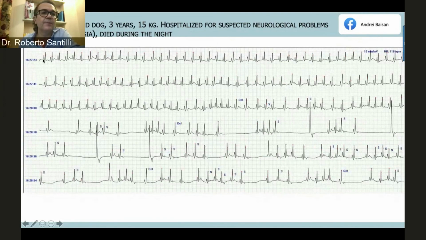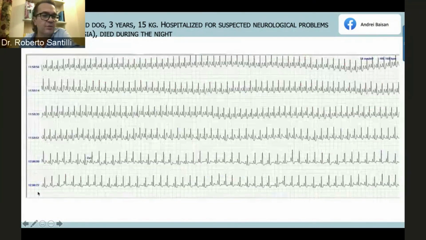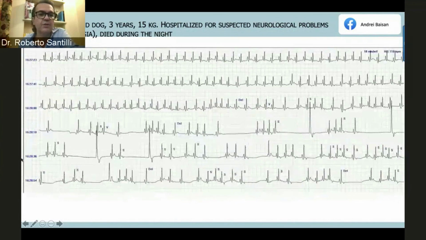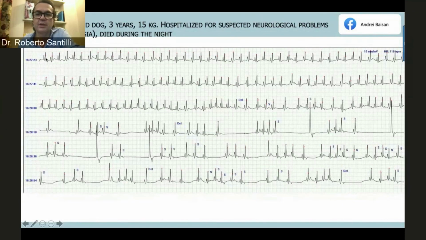Then here, this is not consecutive because this is 12, and then here it's another time, so it's 4 p.m. Here now, the depression is a little bit better because you can see there is AV association. Then suddenly you have a sinus arrest. So it's very irregular. It's not progressive enough, but you see there is some alteration.